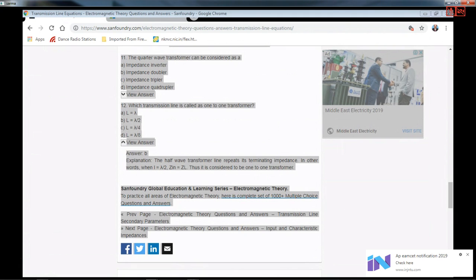So the standing wave will have certain maximum values at certain locations, minimum values at certain other locations. So the standing wave ratio means the ratio of the maximum value you are getting on the wave at different locations to the minimum value you are getting. If you take the ratio, that is known as standing wave ratio. Okay, maximum to minimum voltage ratio along a finite terminated line.